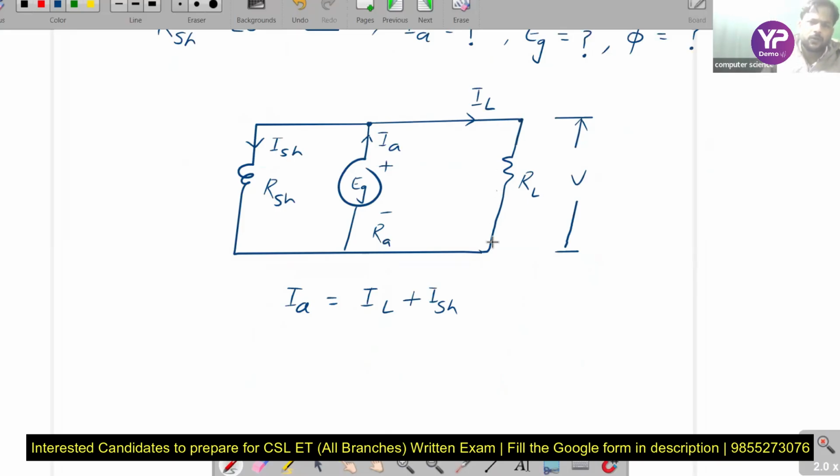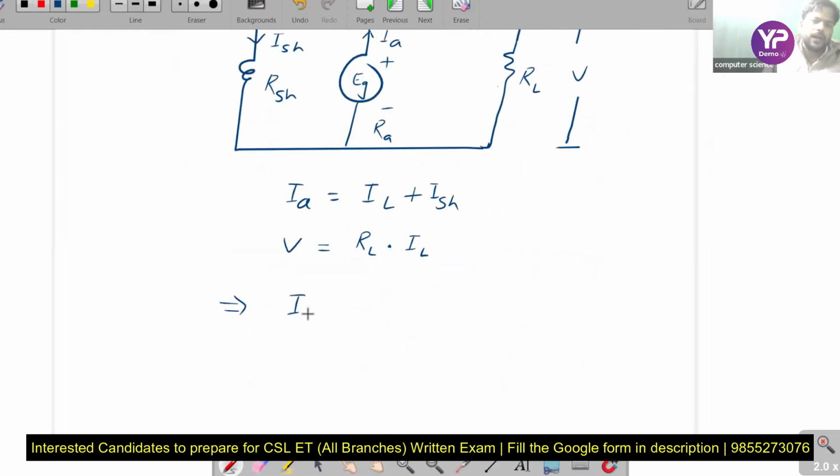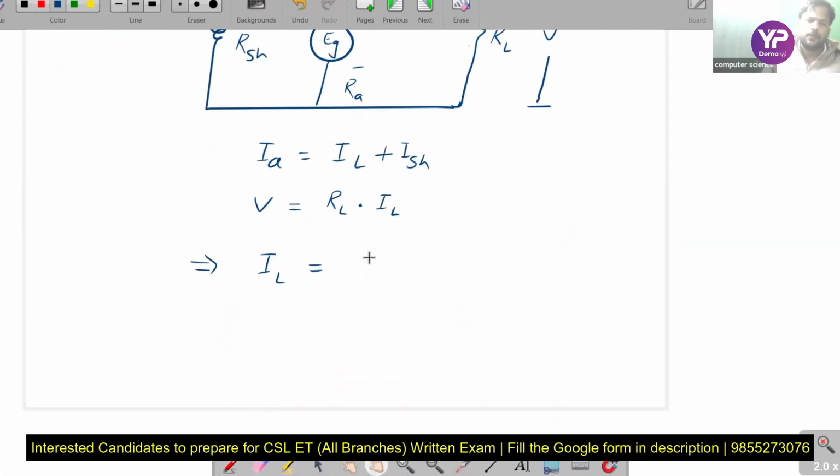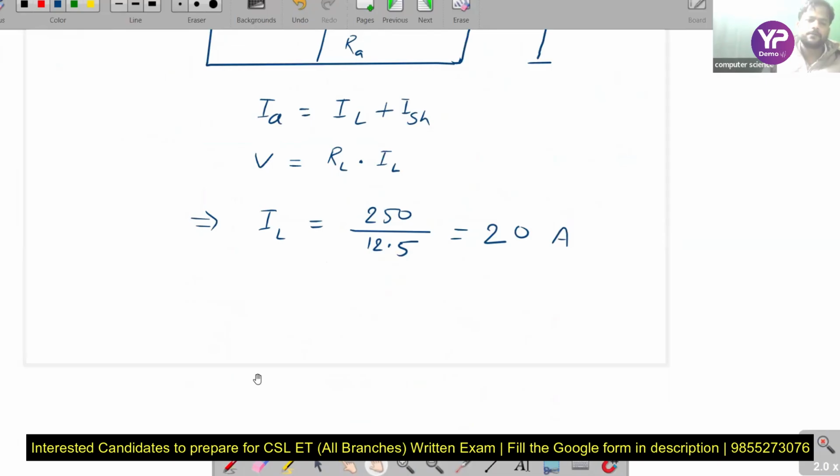So the voltage across the load V is equal to the load resistance RL times the load current IL. So IL equals V by RL, which is 250 upon 12.5. Simplifying, we get IL equal to 20 ampere. Now IL is found.